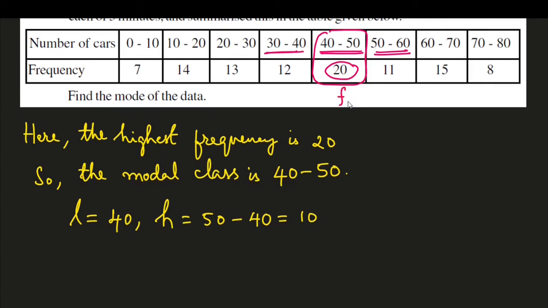The frequency of the modal class, which is denoted by F1, is 20. The frequency of the class interval preceding the modal class, which is denoted by F0, is 12. The frequency of the class interval succeeding the modal class, which is denoted by F2, here it is 11. Now let us write the values. F1 is equal to 20. F0 is equal to 12. F2 is equal to 11.